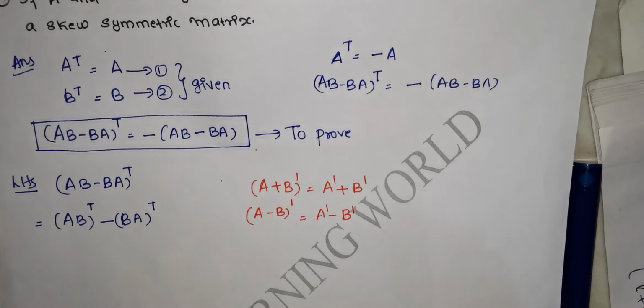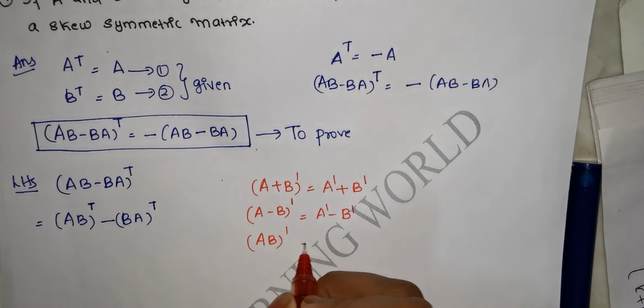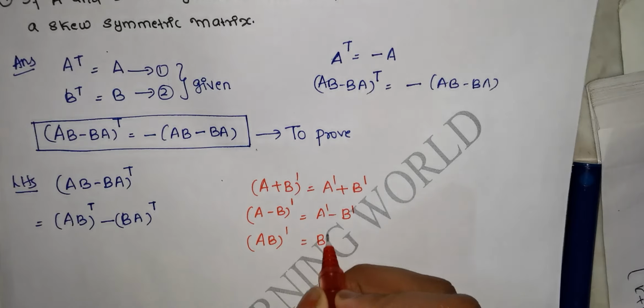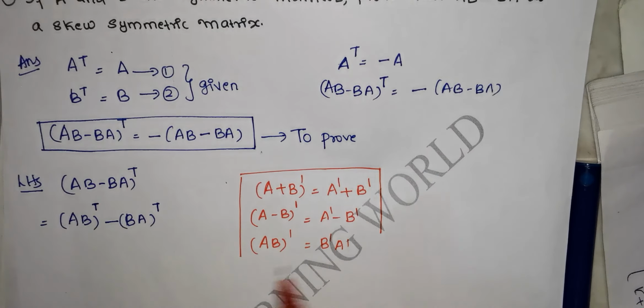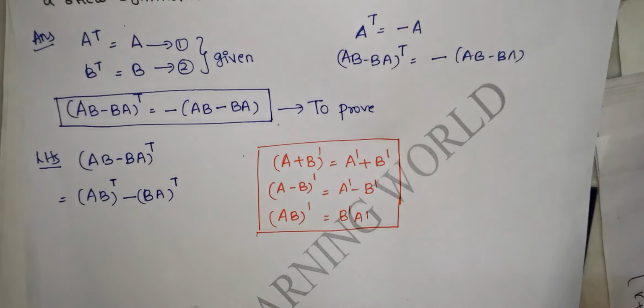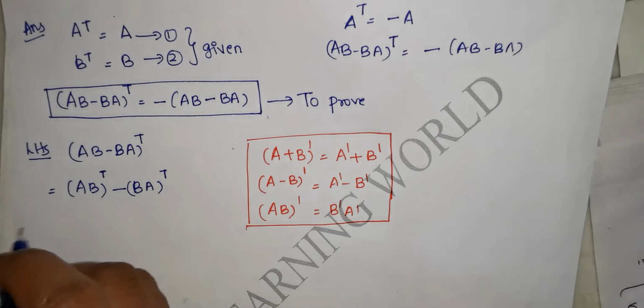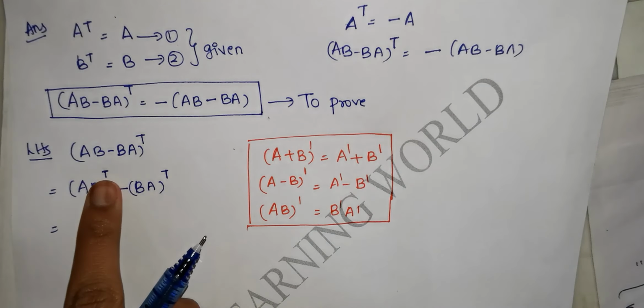There is one more property: AB the whole transpose is equal to B transpose into A transpose. These are some of the properties which we have to use in this particular question. So here, what is AB the whole transpose?